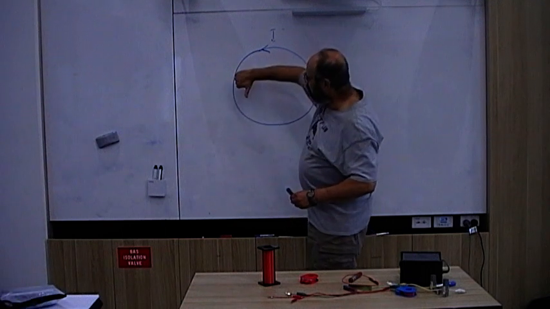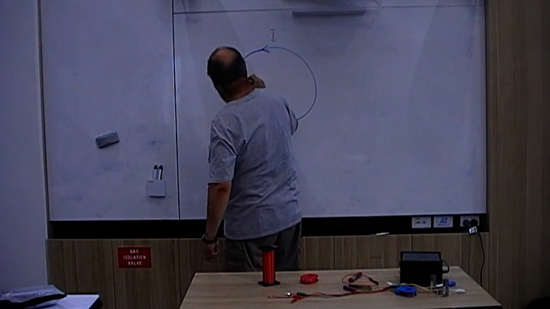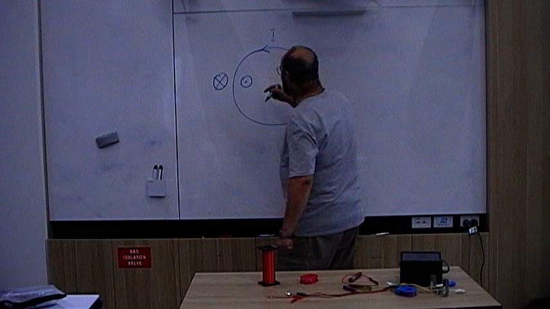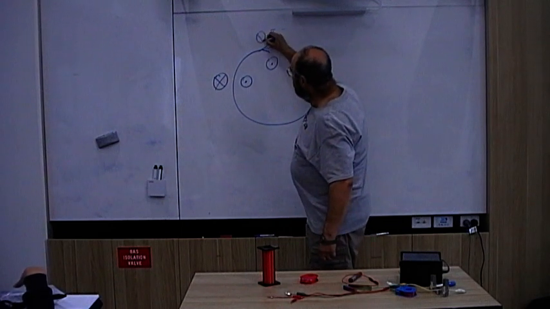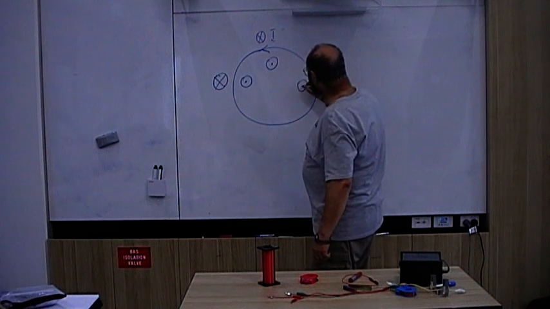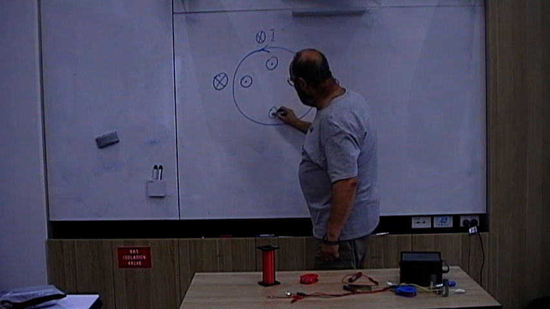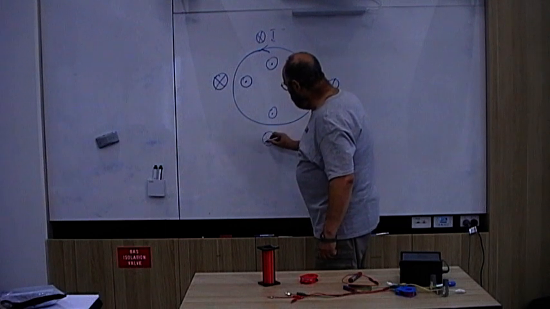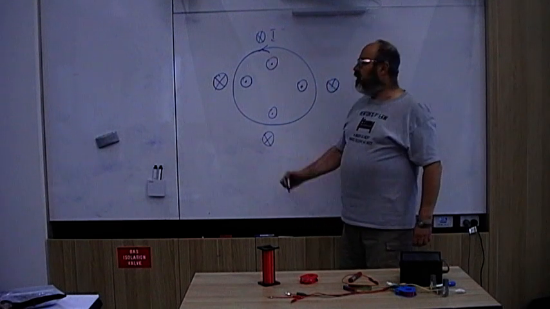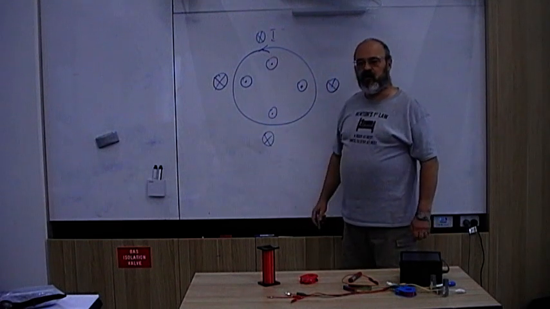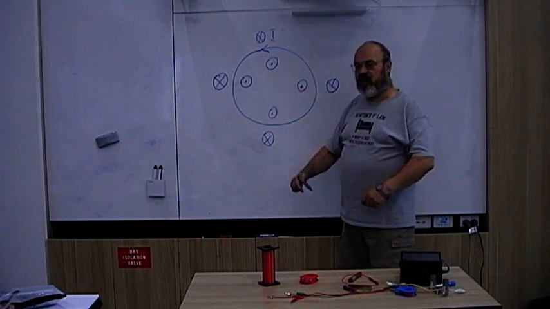It will be into the page, into the board, and here will be out. Here, same thing: out, in. So as you can see, everywhere inside the coil, the magnetic field is out of the page, and they are all in the same direction, so they add up.